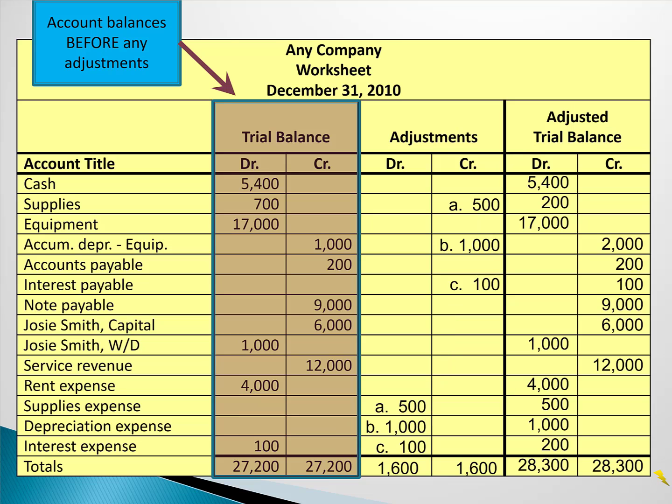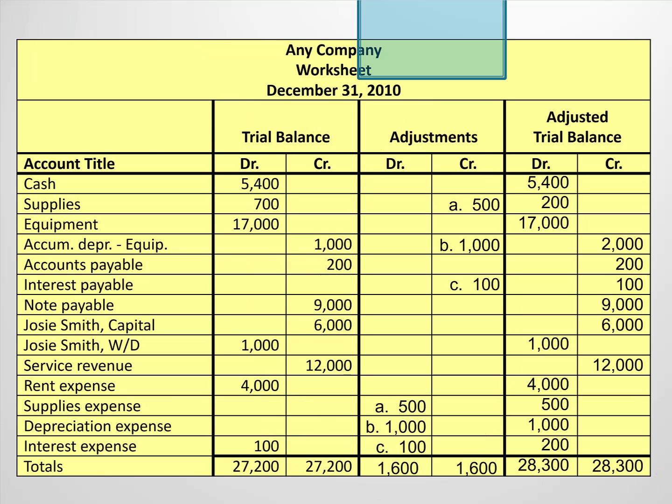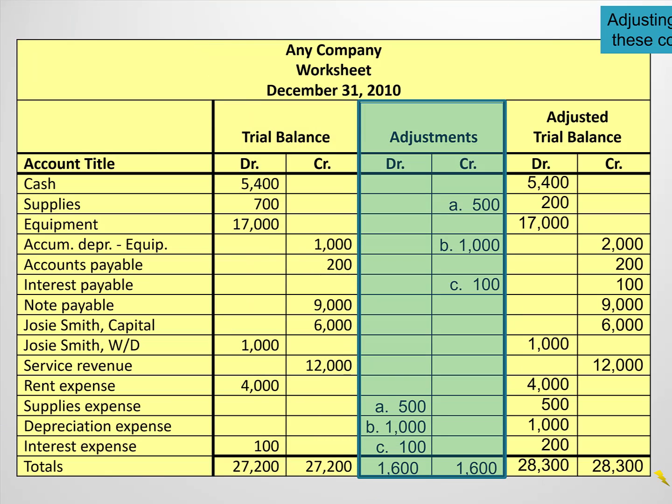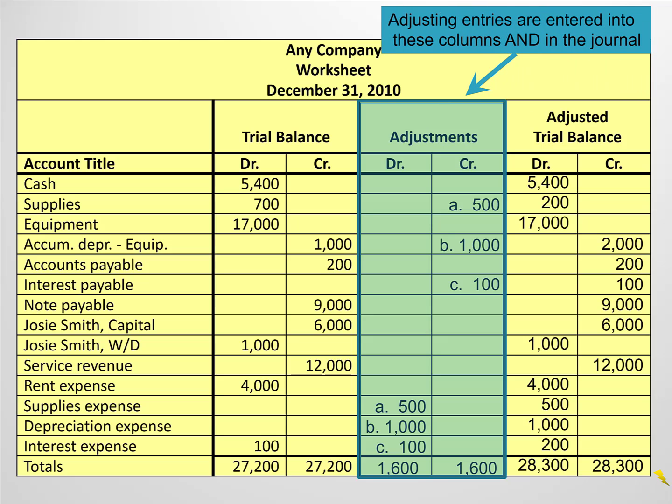So this company only has 3 adjusting entries. And then when they're done entering the adjusting entries here in the adjustments columns, they add up the debits and credits and make sure that they equal. And once they are entered here, then they can be entered into the journal.